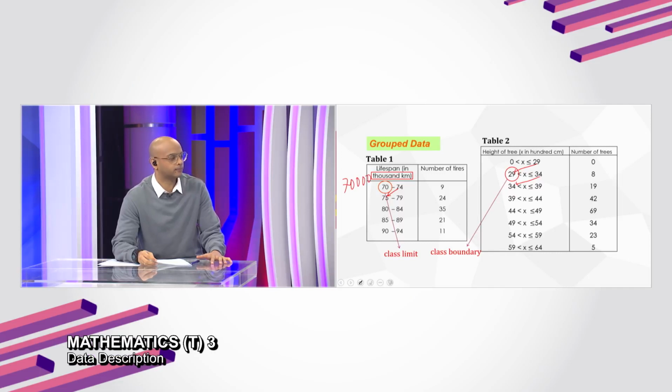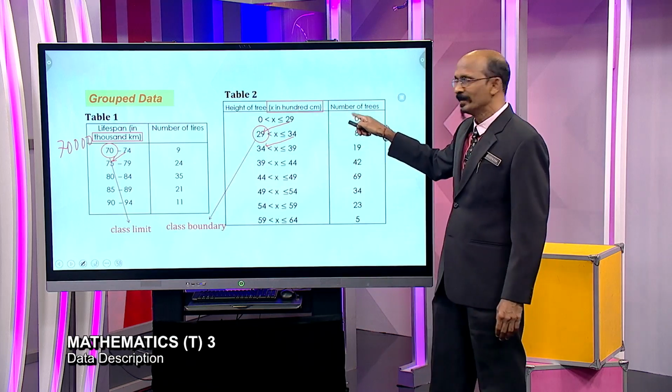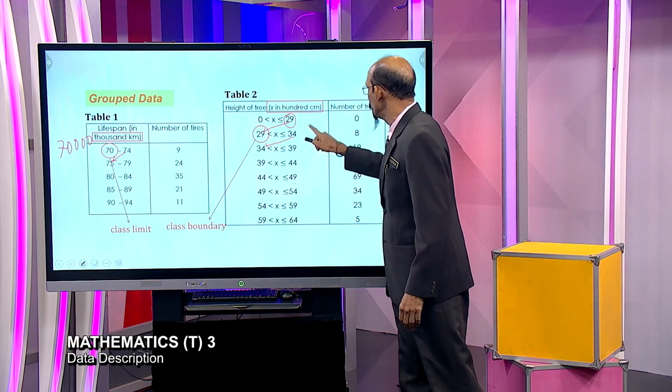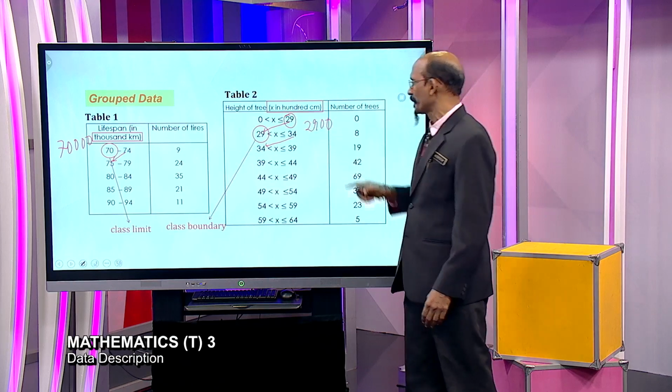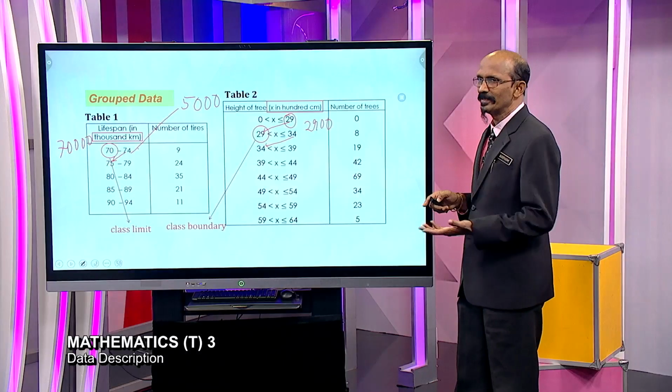Whereas here, this is in 100 cm, so it actually shows 2900. So if you see clearly, for the class interval here, students tend to write 5 because the class interval is 5. But actually the answer is 5,000. So one small mistake can lead to mistakes in all your calculations.